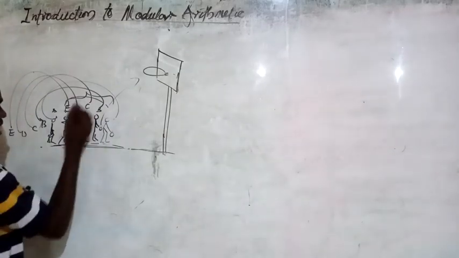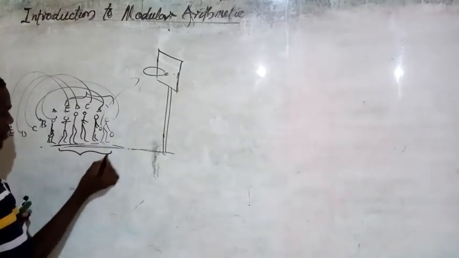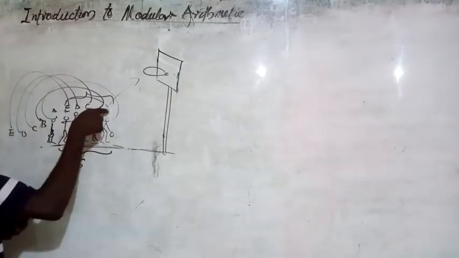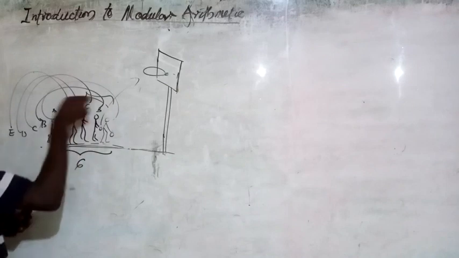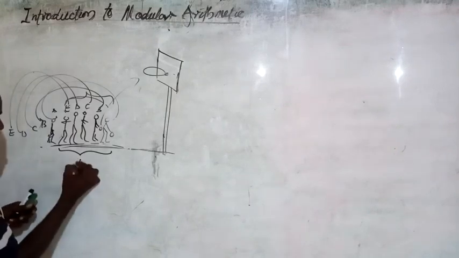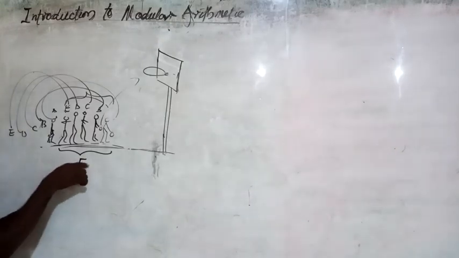The modulus of this event is going to be 5, because the number always wraps up at every 5 persons. After every 5, this guy reoccurs. So the modulus of that event is going to be 5.